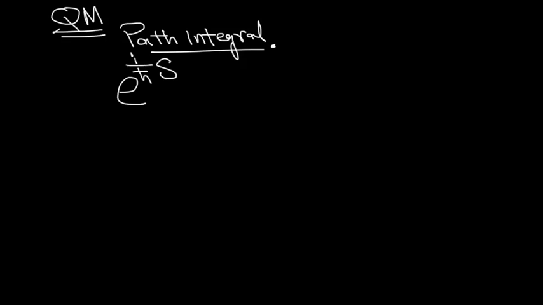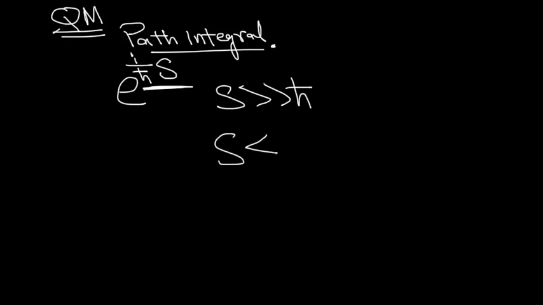From this weight factor, it is immediate to see that for S much larger than h bar, you tend to get phase cancellation, right? And when S is smaller than or equal to h bar, then you use quantum mechanics.